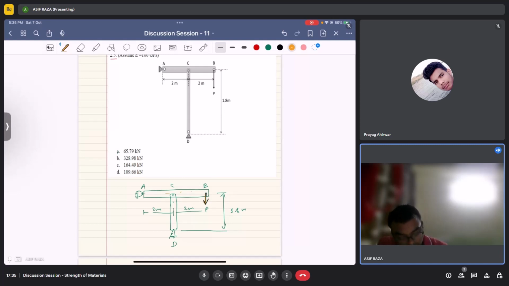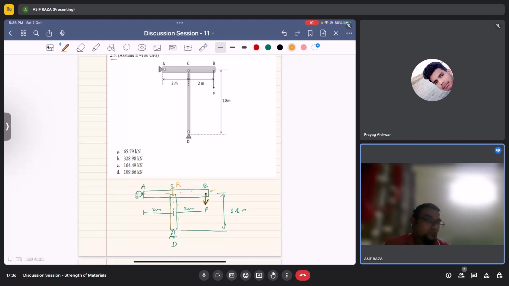So this column would try to resist by applying R over here as this load P is applied. This resistance R would be provided to this system.